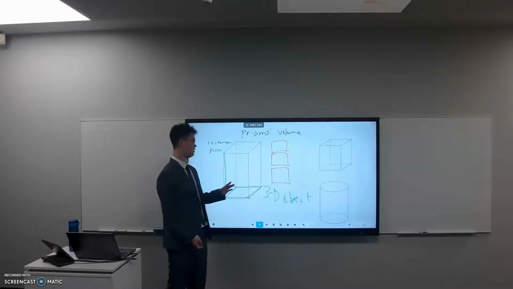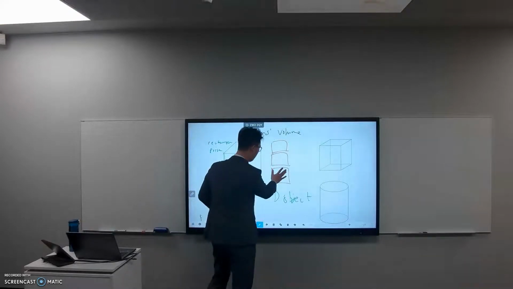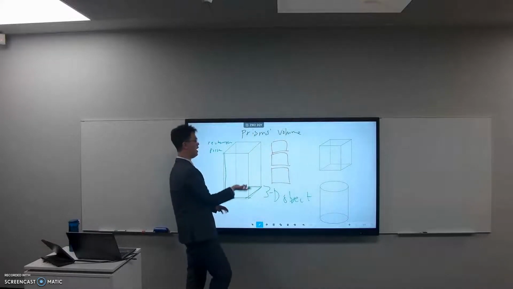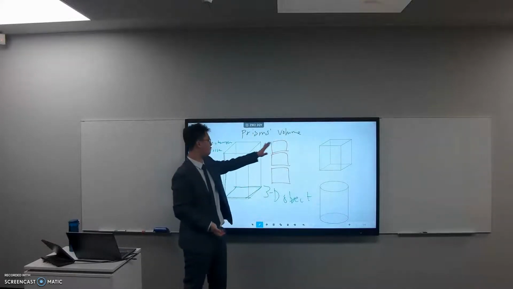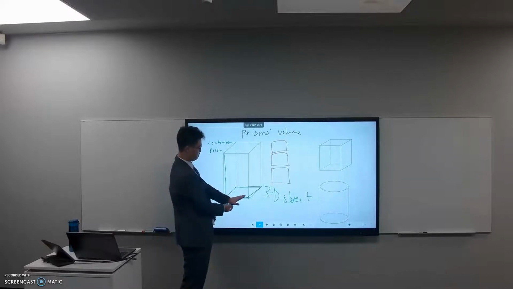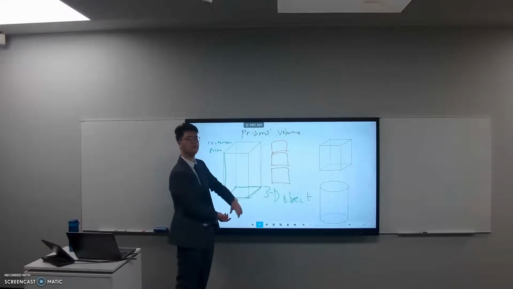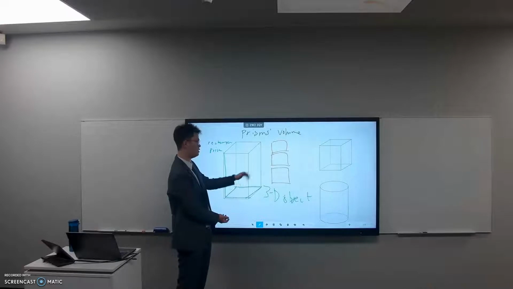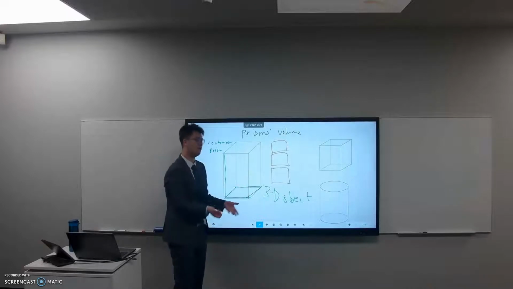Prism is basically saying that you have a piece of two-dimensional shape and then an infinite amount of two-dimensional shapes lie on each other and make the height build up.